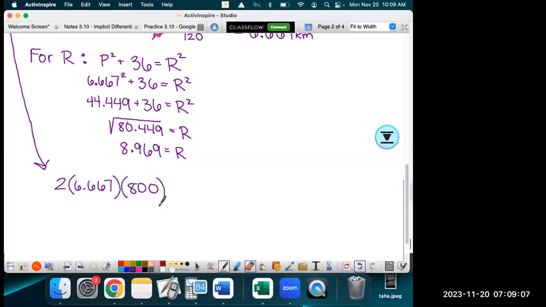I'm going to ignore the plus 0, equals 2r times r prime, which we did not know. I'm going to go ahead and divide these two factors to the other side.